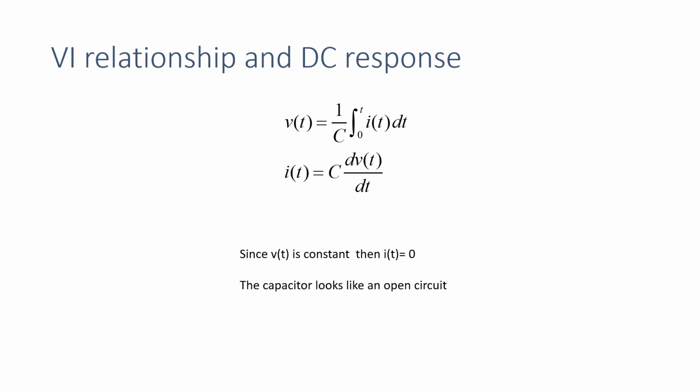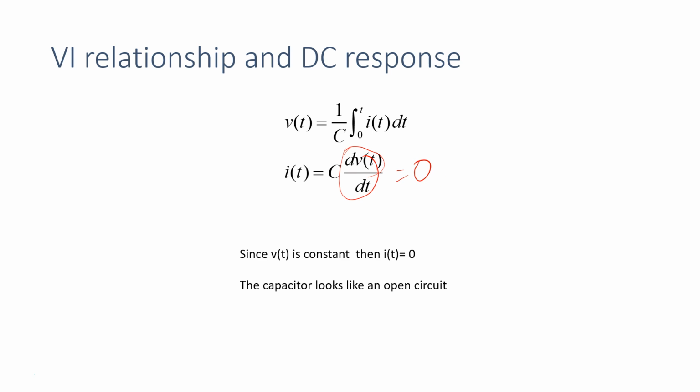Now, let's look at the DC response of the capacitors. We know that V(t) is equal to 1 on C integral of I(t) dt, or I(t) is equal to C dV/dt. If we have a DC, it means that the rate at which the voltage is changing, dV/dt, is equal to 0.